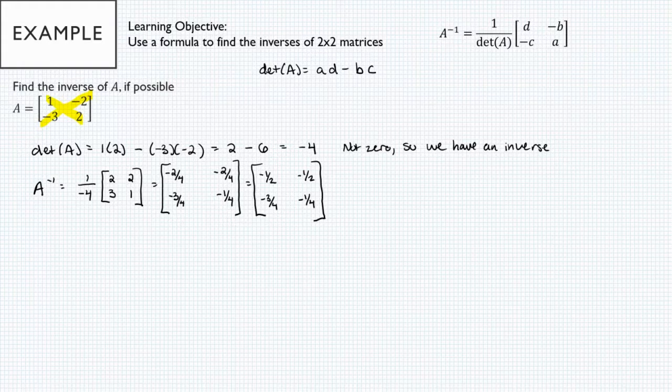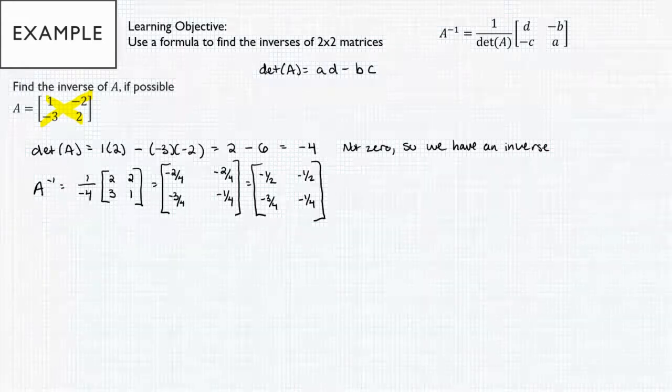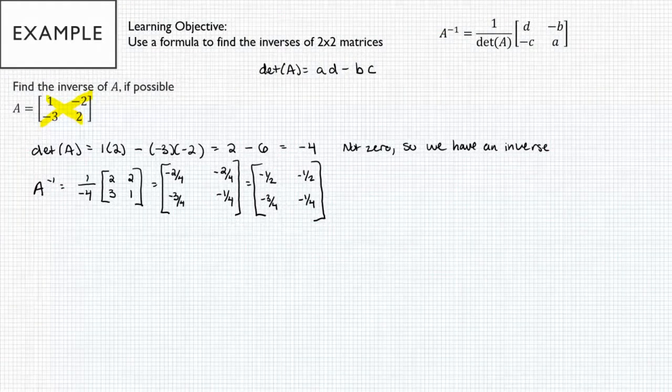My problem is I have a hard time remembering this, and it goes faster, but the first method is sort of what you're doing for solving anyway, so it's the same sort of thing. I already know what to do. The problem with this method is it only works if you have a 2x2. If you have anything bigger, it doesn't work. So I might as well just use the first method all the time.